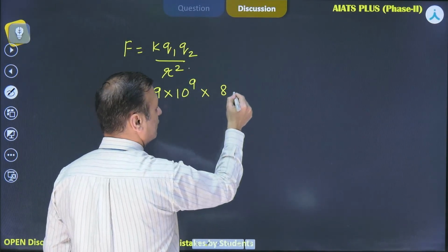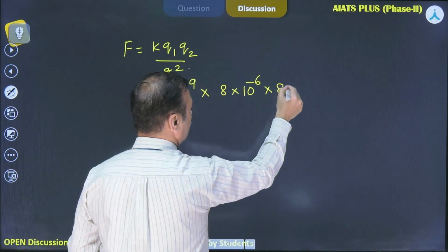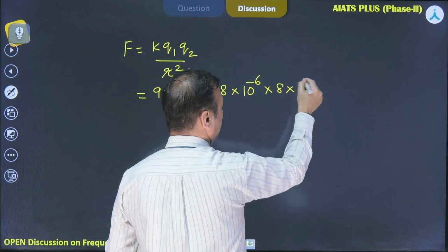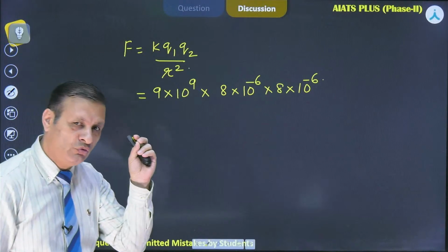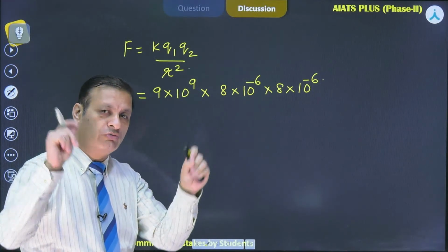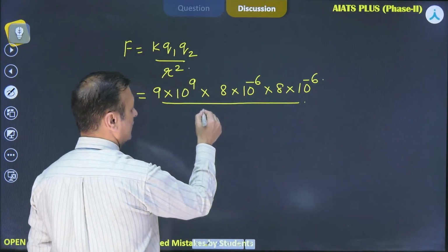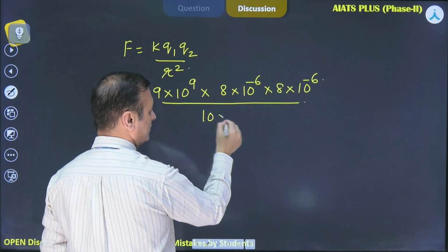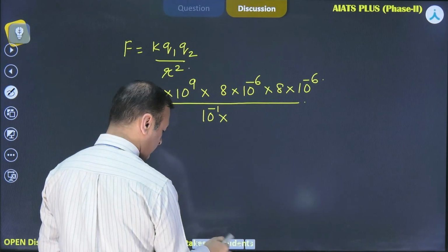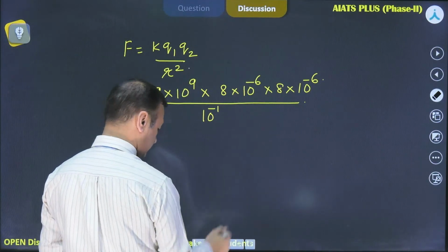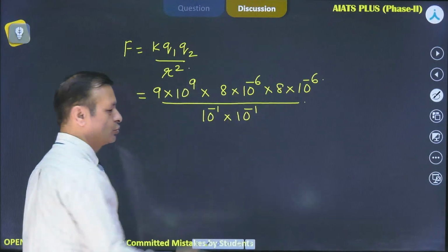Q1 is 8 microcoulomb, so 8 into 10 to the power -6, and Q2 is also 8 into 10 to the power -6. This we have just proved: if you split the charge into two equal halves, you will have the maximum force. Divided by r square, and that r is 10 centimeter. 10 centimeter means 10 to the power -1 meter, so 10 to the power -1 for the square part.